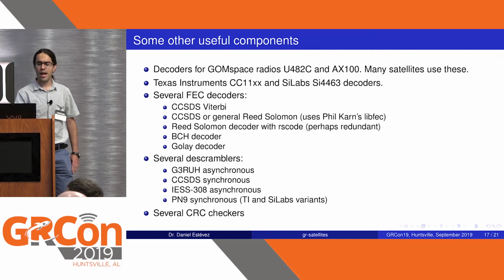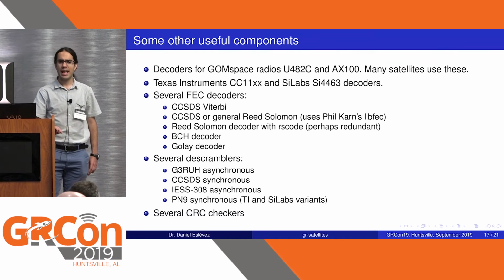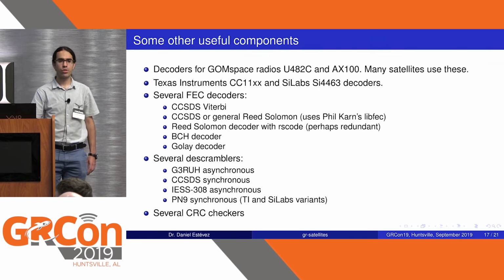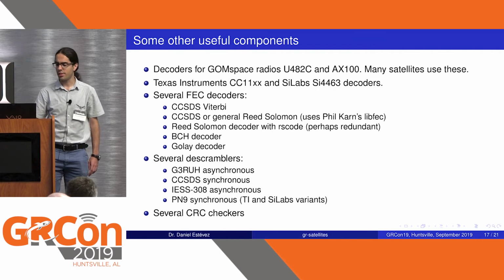I also have decoders for the Texas Instruments and Silicon Labs FSK chips, such as the CC11 family and this 4463 Silicon Labs decoder. These are not only used in a few small and inexpensive satellites, but also in many different short-range devices, such as garage door openers and things like that.